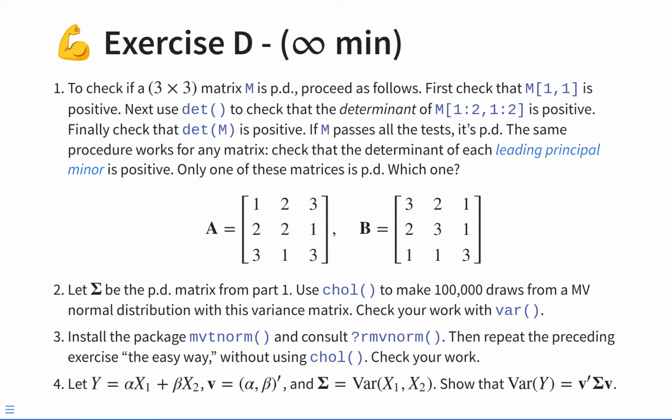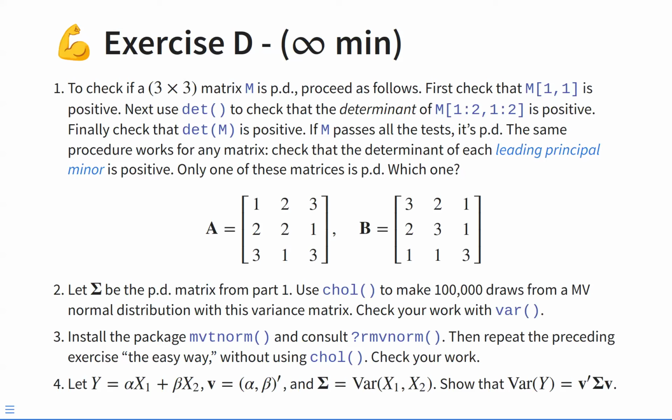But in the meantime, I want us to think a little bit more about this idea of a positive definite matrix. It turns out that there are some nice simple ways to check if a matrix is positive definite. First, you've got to check that the 1,1 element is positive.